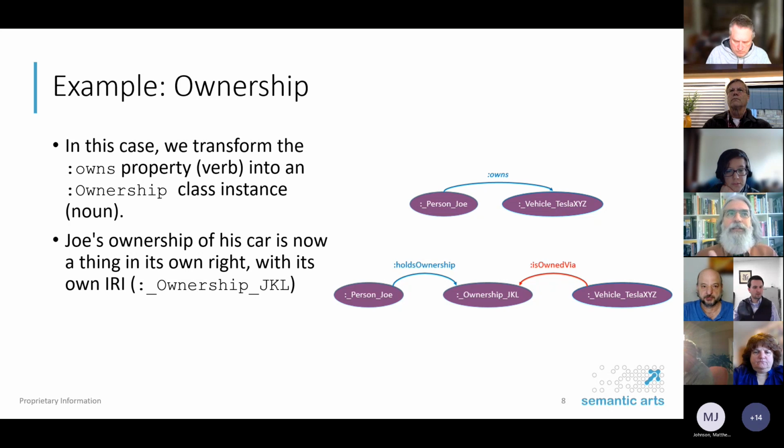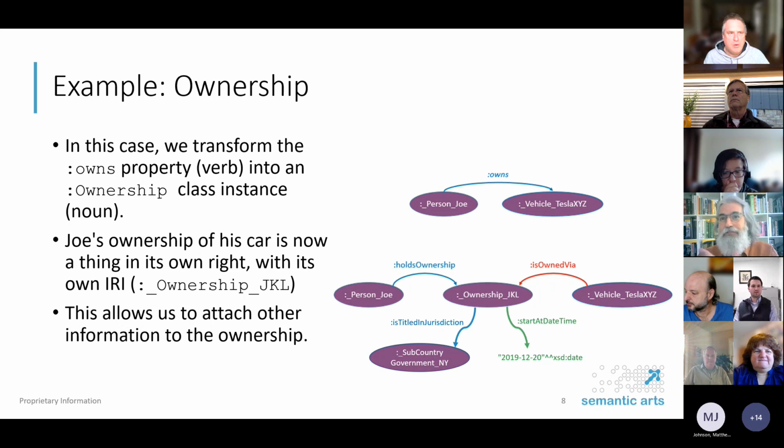So in this case here, by reifying the property of owns, we're now saying that the ownership that Joe has over this car is a thing in its own right. It's got its own IRI. There are multiple things we can assert about it, like the start and stop date, which of course we want on a temporal relation.